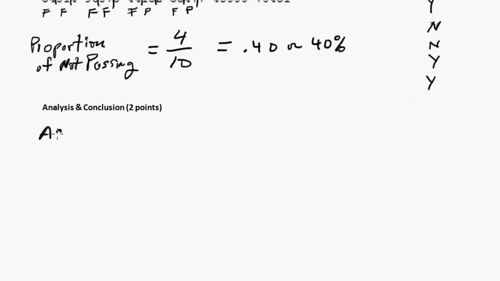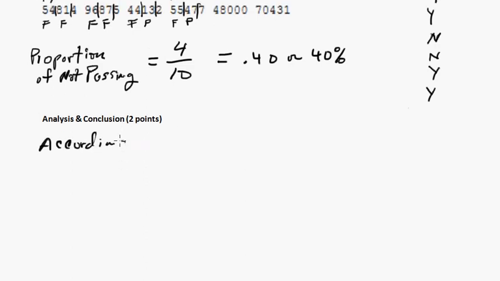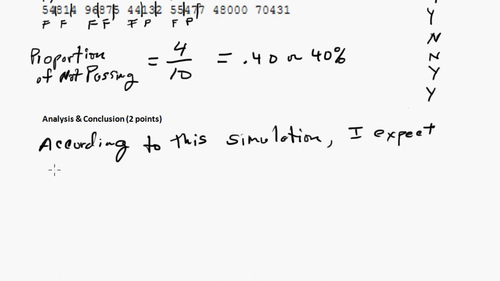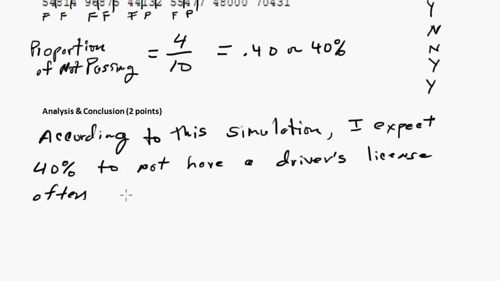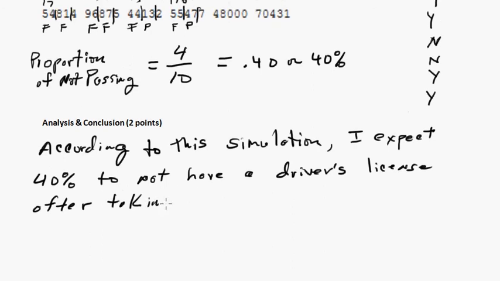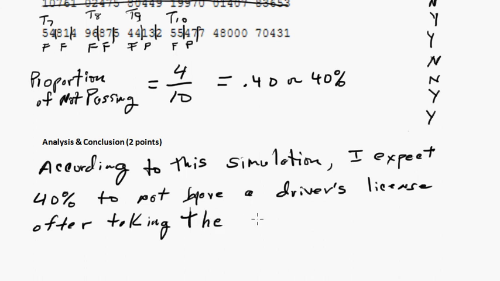So according to this simulation, I expect 40% to not have a driver's license after taking the test twice.